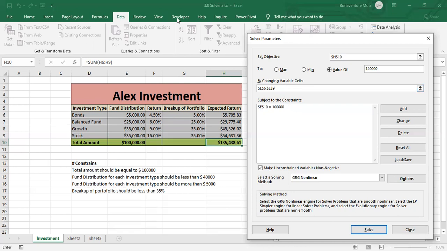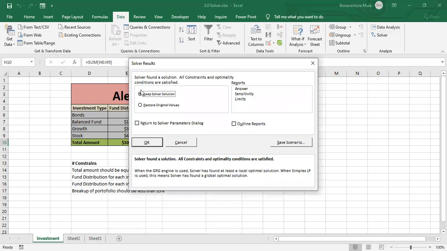One logical way in which I think the solver is going to work is that, because stocks have a higher rate of return, 16% compared to the rest, it may decide to invest a lot in stocks, and these investment types with a lower rate of return may get no money, right? So when I click on solve, probably I may get a solution. I'm told a solution has been found.